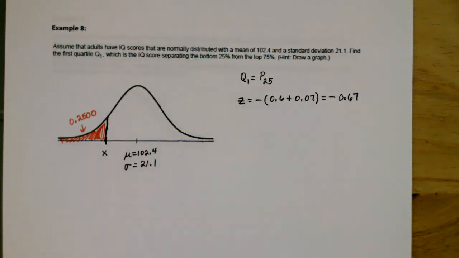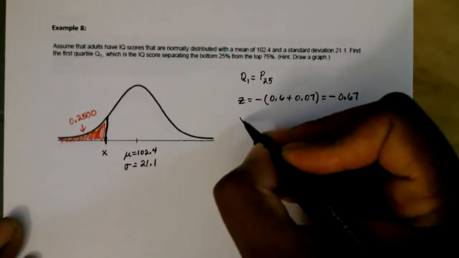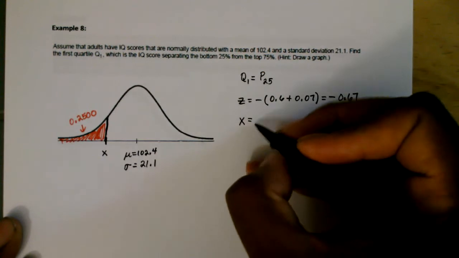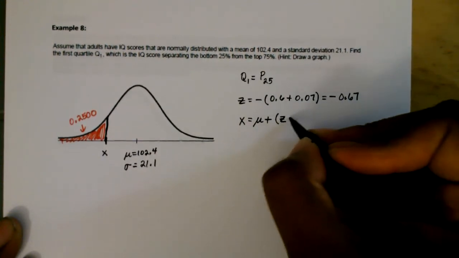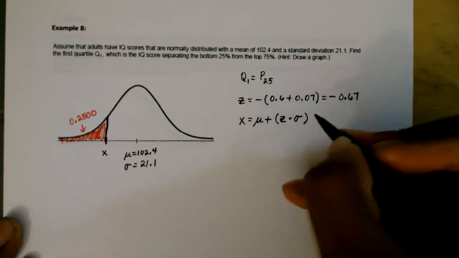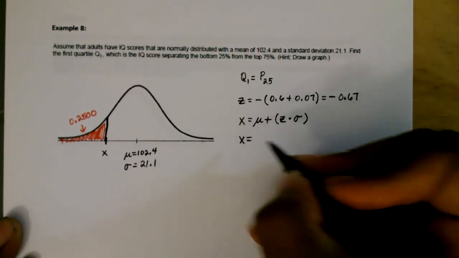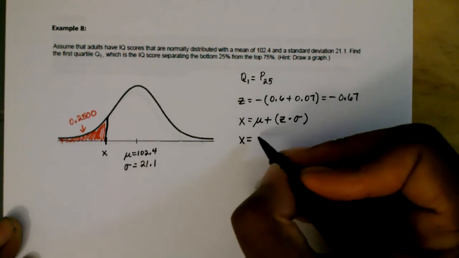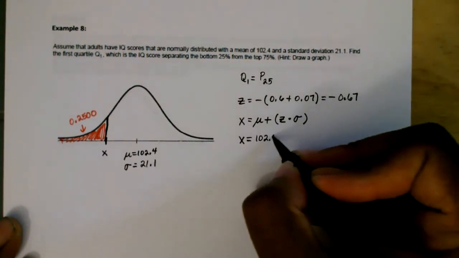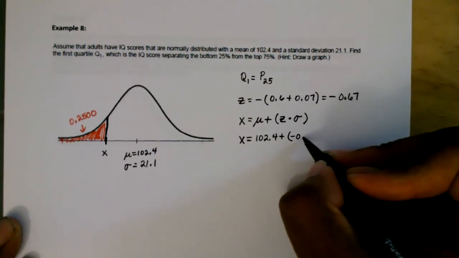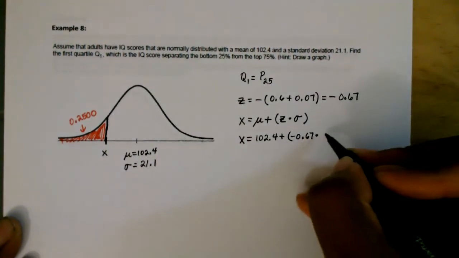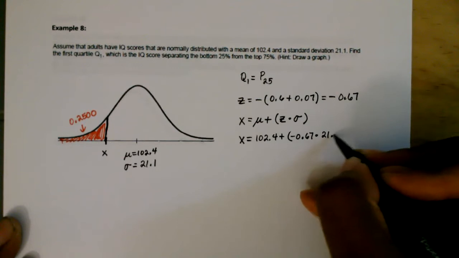Now I need my x value for that. So this is where I use x is equal to mu plus z times sigma. And x is going to be this. The mu is 102.4 plus z, we found that to be negative 0.67, times sigma, 21.1.